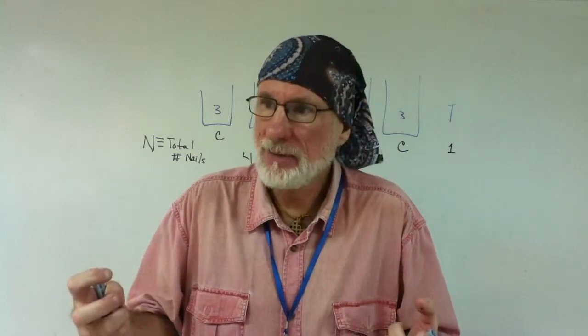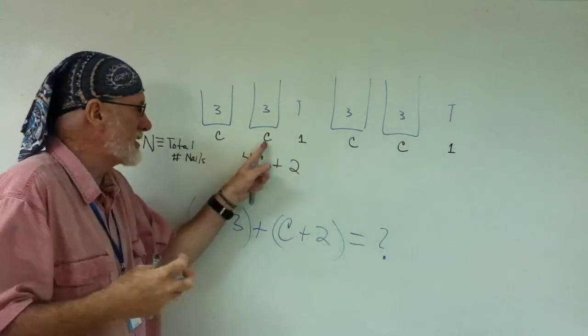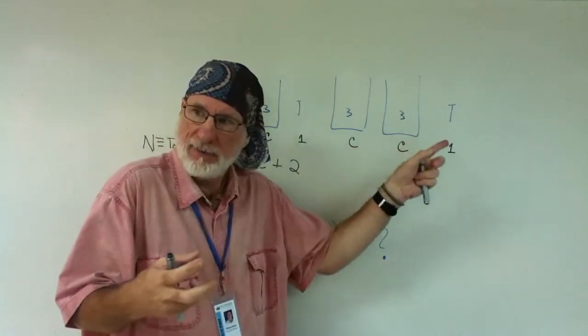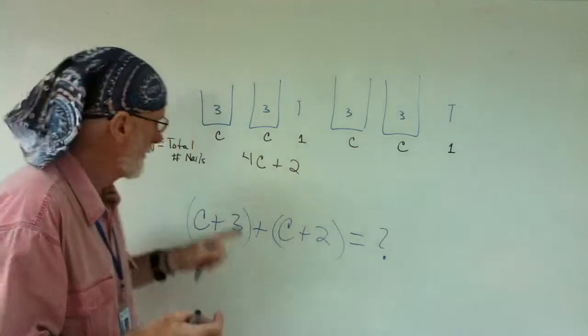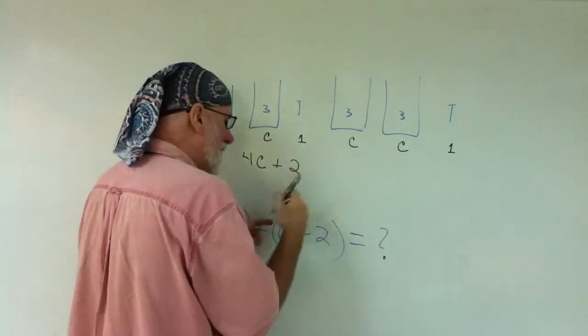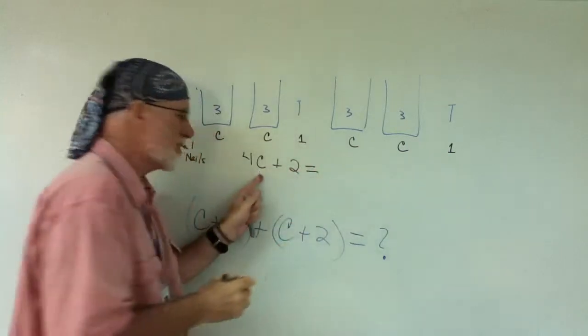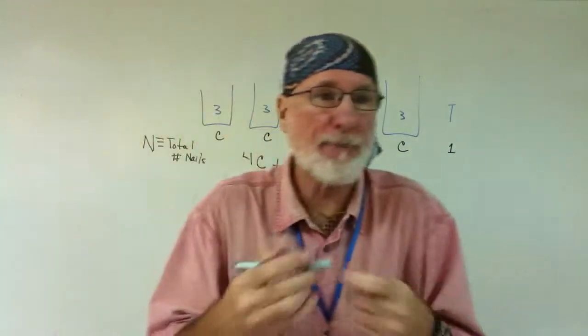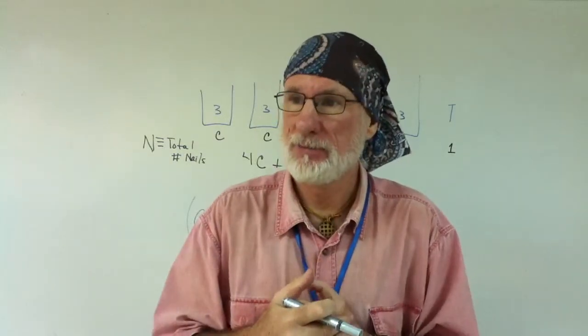Do you see that? This C stands for 3 nails, right? Right? And there's a number, right? So 4C plus 2. So this expression, 4C plus 2, actually represents a number.